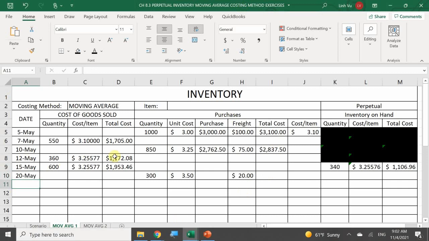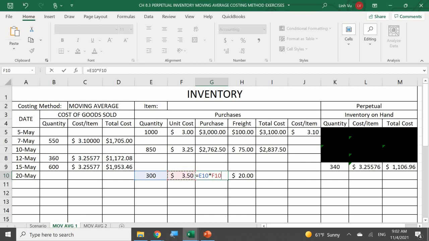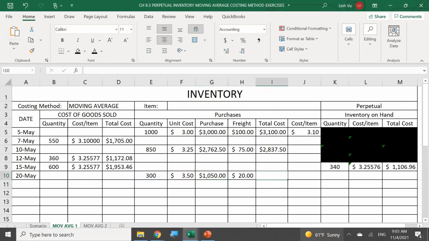So my purchase price is going to be $1,050. 1,050 plus 20, 1,070.